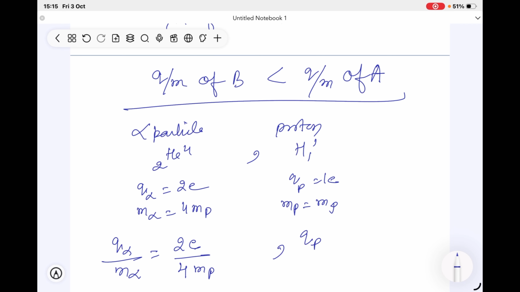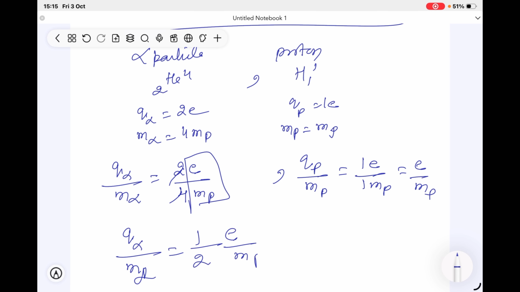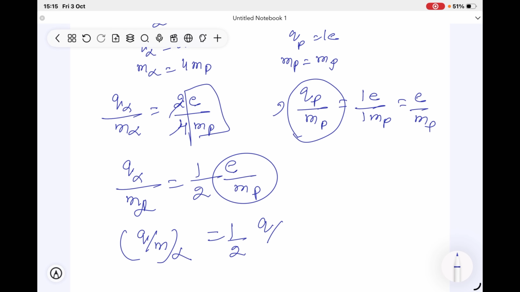And similarly QP by MP, which is 1e by 1 mp, that is E by mp. तो आपको दिख रहा होगा 2 and 4 will be cancelled, यानी कि Q alpha by M alpha can be written as half E by mp. और ये क्या है? E by mp is your this. तो charge by mass of alpha is half times charge by mass of proton.